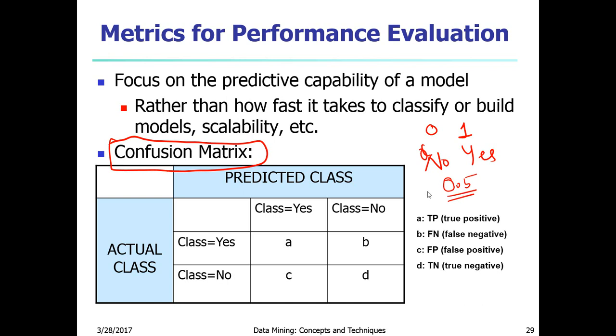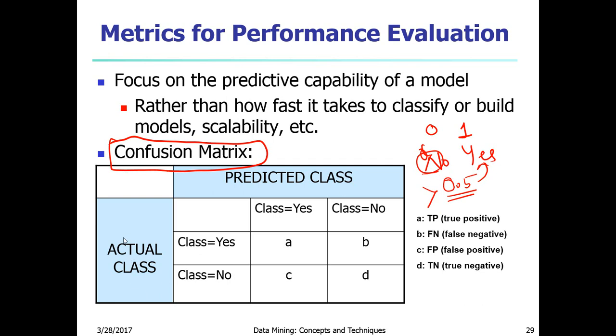Anything that is greater than a probability of 0.5, we consider as an event, and let's say we are modeling for yes or 1, and anything less than that is no. Because remember, in a classification algorithm, it is always the probability that you get, right? So that's the way you classify.